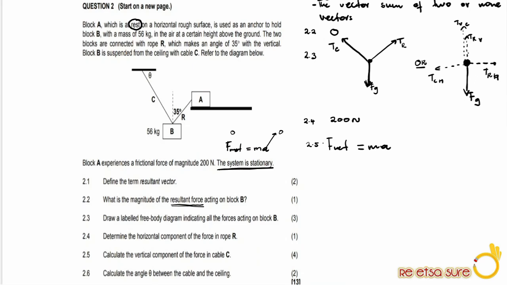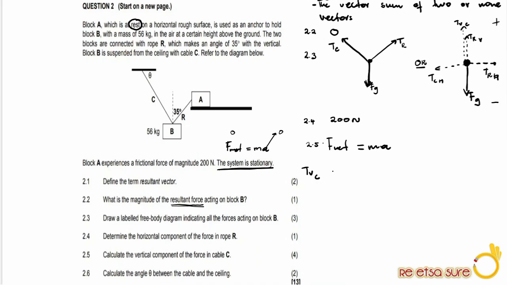So in this situation, the direction is important. The ones that are facing upward, let us take them as positive. And the ones that are facing downwards, let us take them as negative.